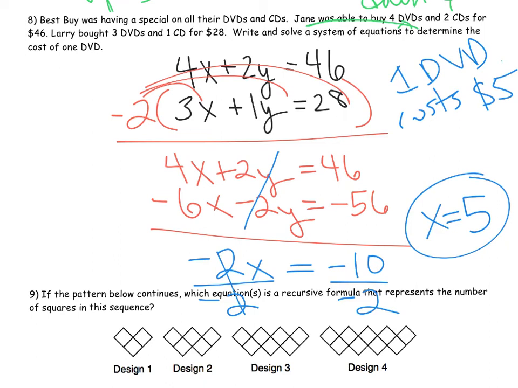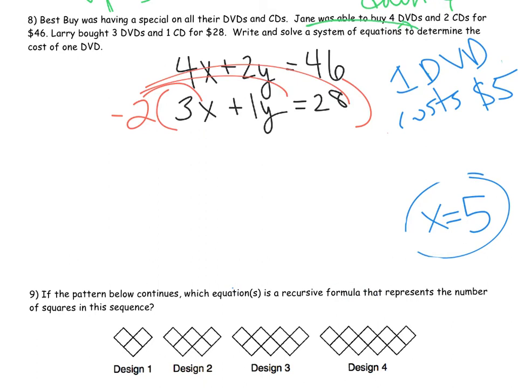Now you need to figure out what the cost of one CD is. So guys, all you got to do is just pick an equation and plug back into it. So again, I'm just going to erase this to clean it up a bit, and we'll plug into either the top or the bottom. I ended up just plugging back into the top equation just because I thought it would be easier. Alright, so if I plug x into the top equation, I have 4 times 5 plus 2y equals 46.